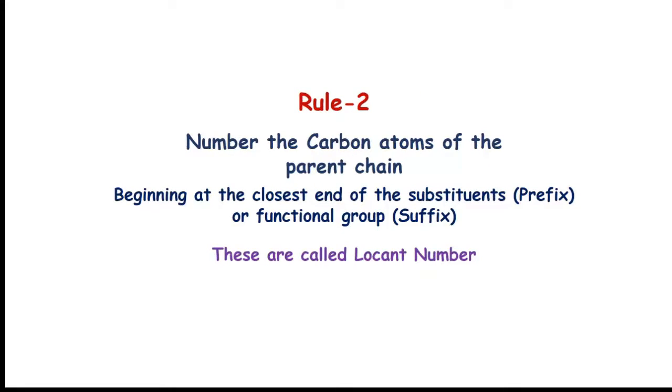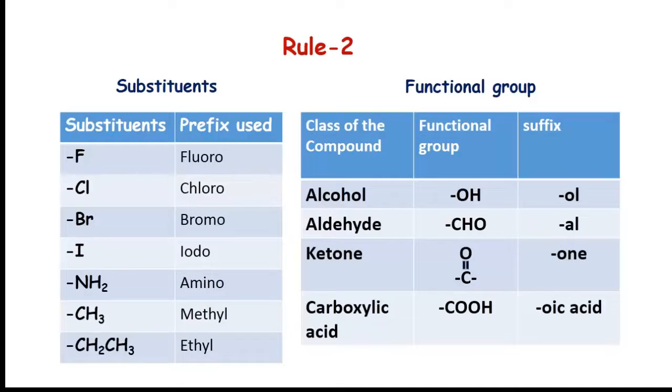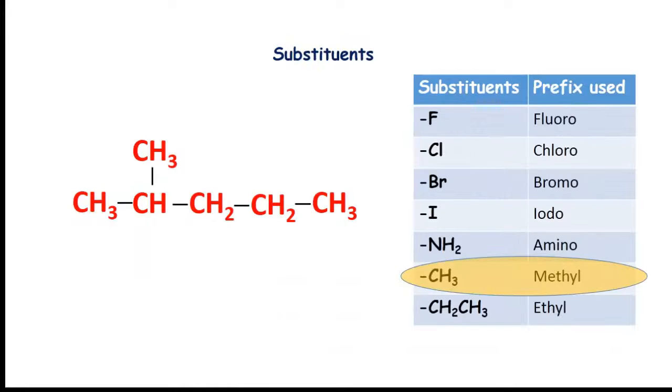Rule 2. Number the carbon atoms of the parent chain beginning at the end closest to the substituent or functional group. These are called locant numbers.